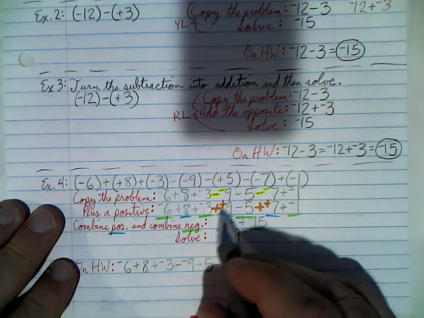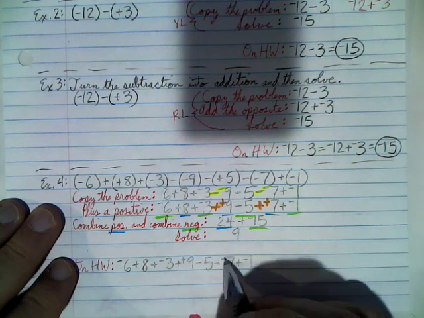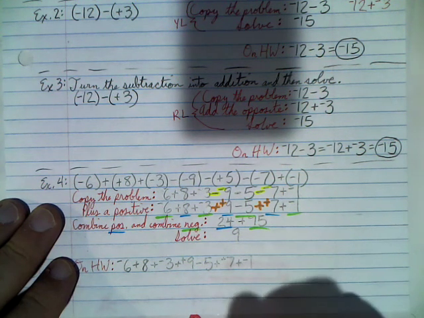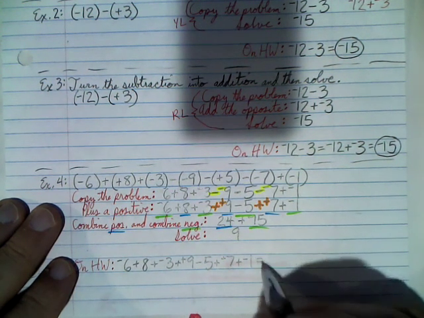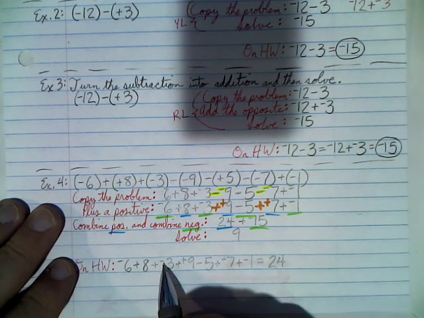Now on the homework, what's this going to look like? Well, we're going to change minus a negative 9 to plus a positive 9, minus a negative 7 to plus a positive 7. And then just like we did, I'd combine my positives, positive 8, positive 9, positive 7 would give me a positive 24. A negative 6, a negative 3 would make a negative 9.